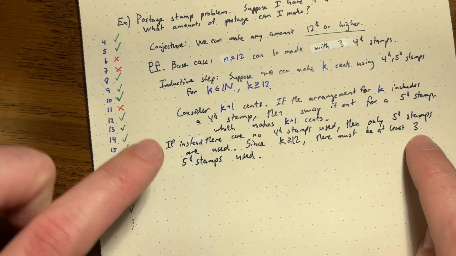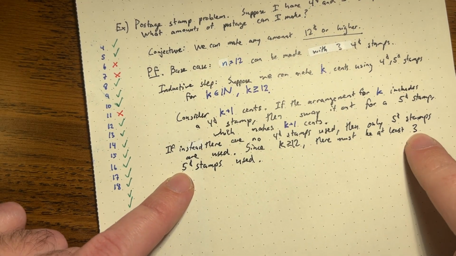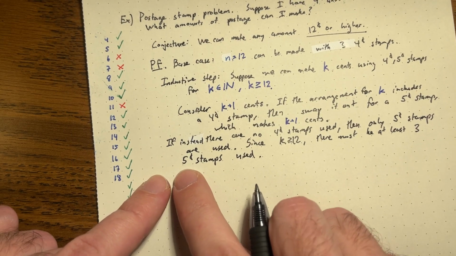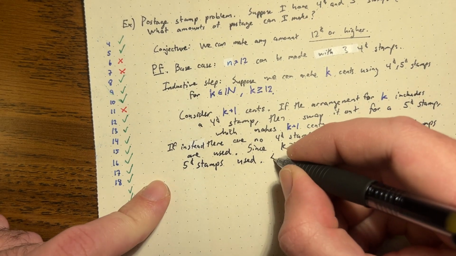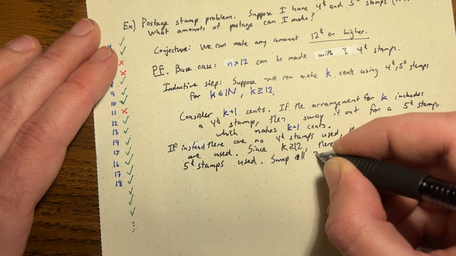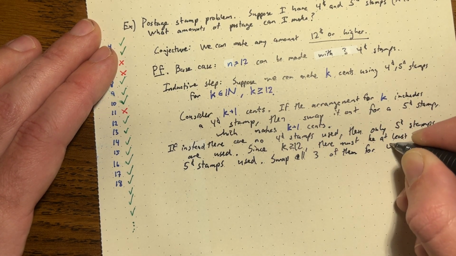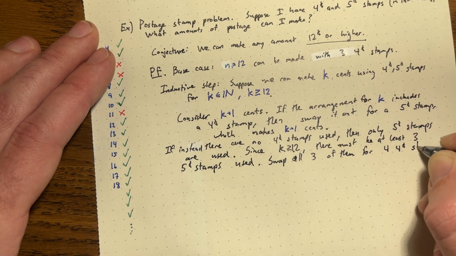What do you think we want to do with those 3 5-cent stamps? We're going to swap all 3 of them for 4 4-cent stamps.